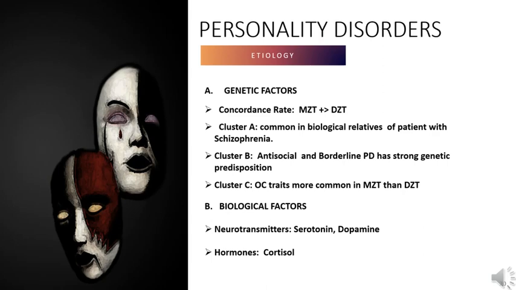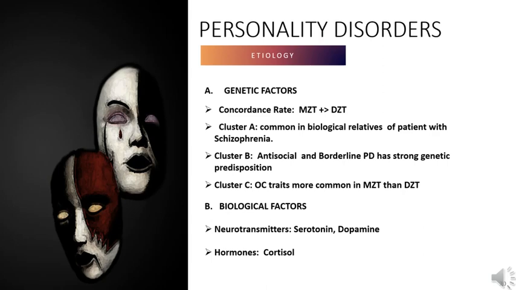Obsessive-compulsive traits are more common in monozygotic twins than in dizygotic twins, and patients with obsessive-compulsive personality disorder. While there is less research available for cluster C personality disorders, there are some indications that neurotransmitters, such as dopamine and serotonin, likely play an important role in these disorders as well.